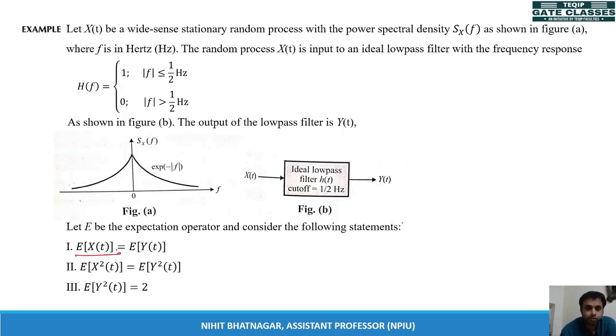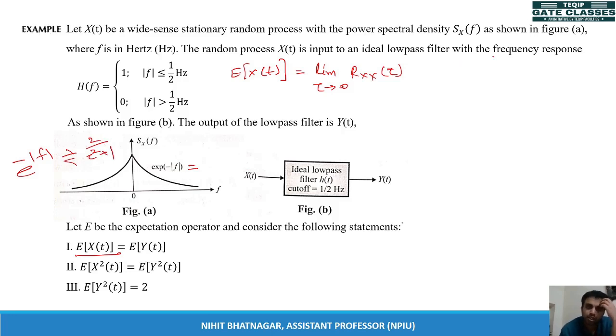So according to the first option, expectation of X(t) is equal to the limit as tau tends to infinity of R_X(tau). We have solved this question so many times. The inverse Fourier transform of e to the power minus mod f is 2 upon tau squared plus 1.